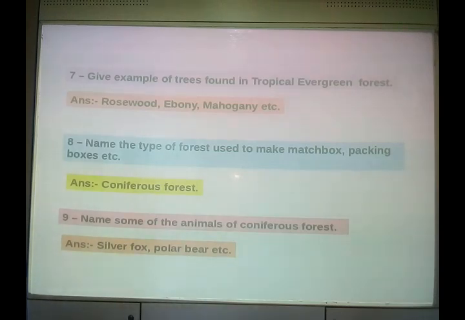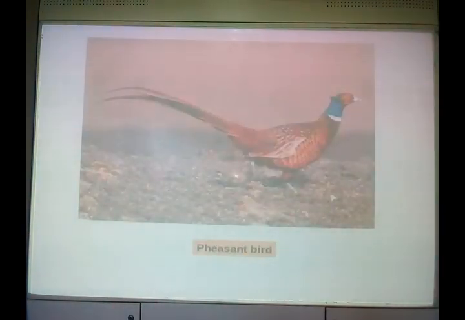Search the internet for birds like pheasants and monals, which are found there. So I have taken out some beautiful pictures of the birds and animals which you must see, so that it will be inside your head. This is a beautiful picture of the pheasant bird.